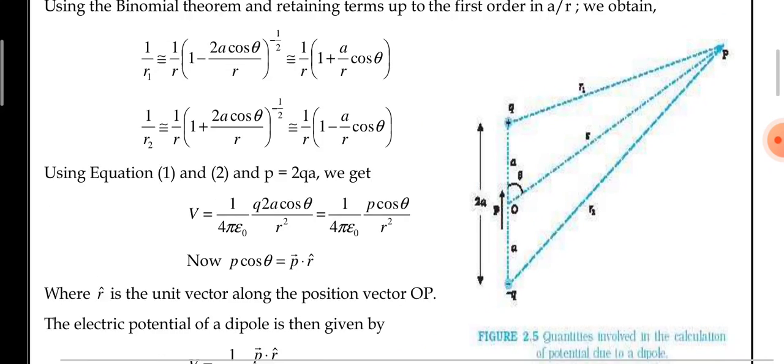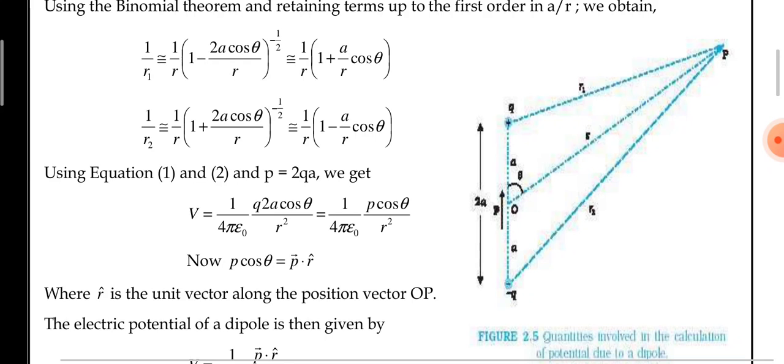First there is one negative charge down, and there is a positive charge up. Suppose the two charges are separated by a distance 2a. So an electric dipole is an arrangement in which two charges, equal in magnitude and opposite in sign, are separated by a small distance 2a.